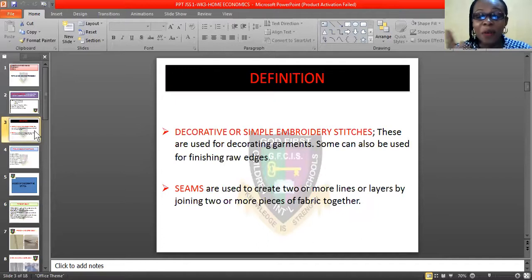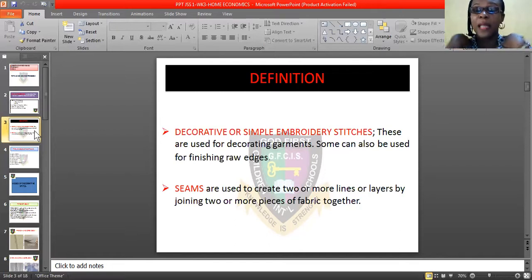Now, what are decorative stitches? Decorative stitches, or simple embroidery, are used for decorating garments. Yet, some can be used for finishing raw edges. What do I mean by decorative stitches? You can see some native wears that we are wearing.